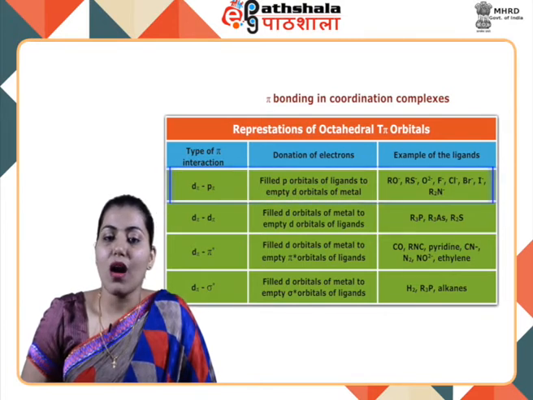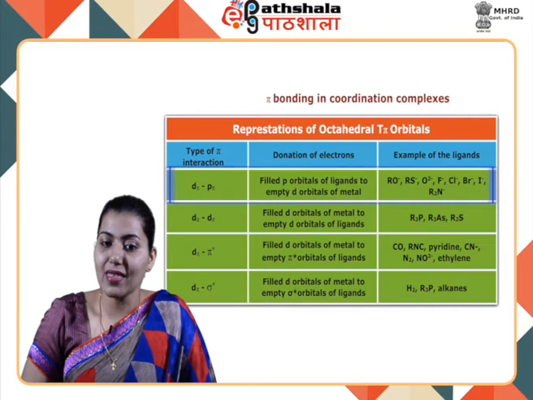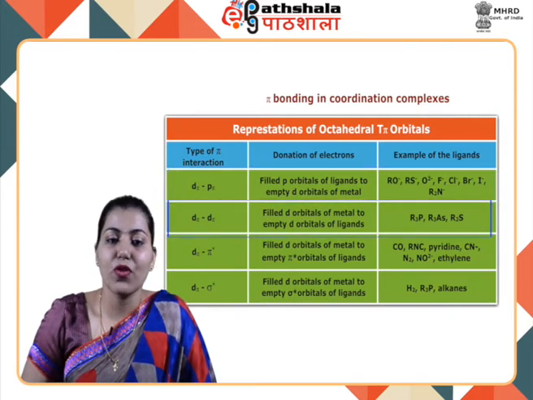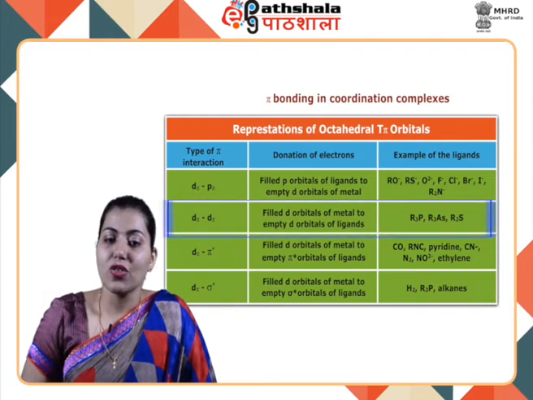Examples include RO negative, RS negative, O2 negative, the halides and R2N negative. For another interaction, that is d-pi d-pi interaction, filled d orbitals of the metal are transferred to the empty d orbitals of the ligand.